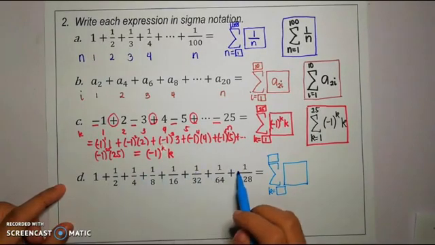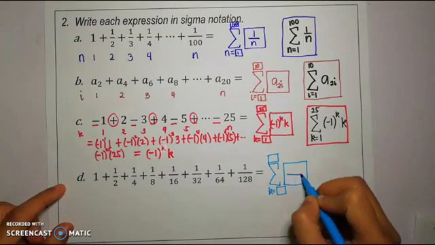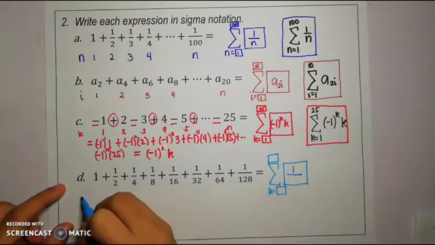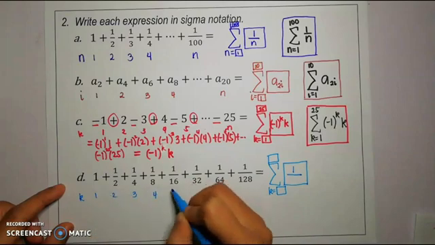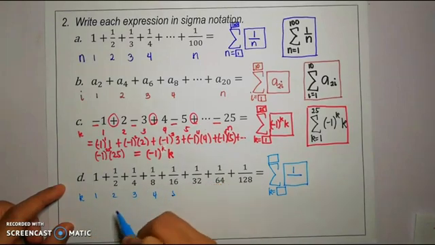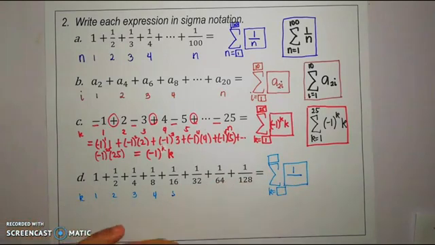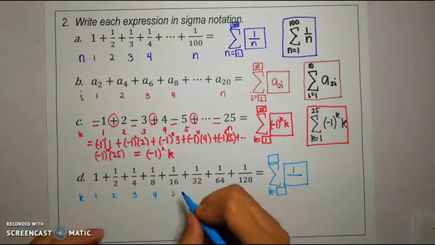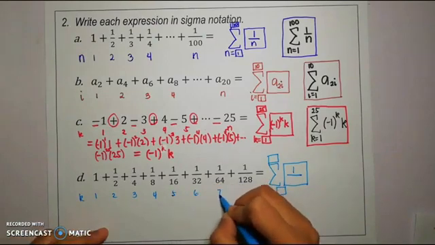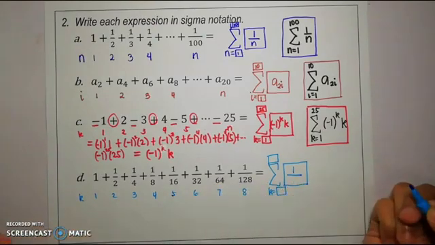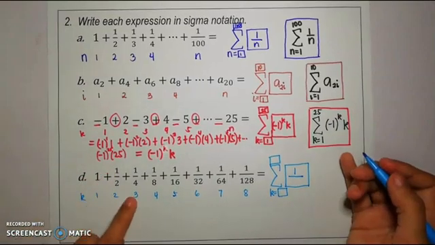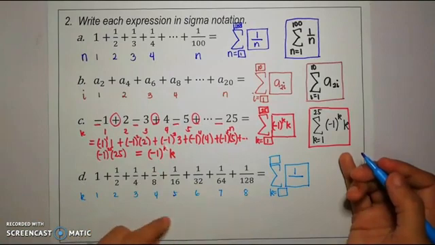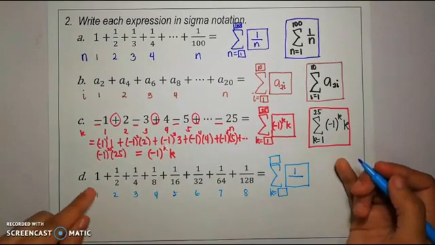We can see that this is a finite series, and 1 is our numerator. Let's see the behavior of the summation if we start with k equals 1, our starting point. So 1, 2 becomes 2, 3 becomes 4, 4 becomes 8 until 128.